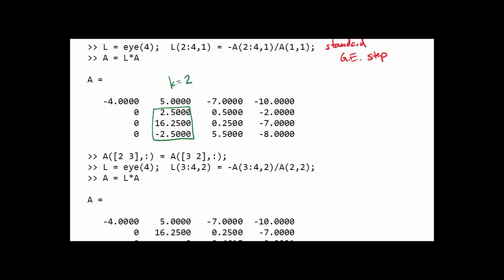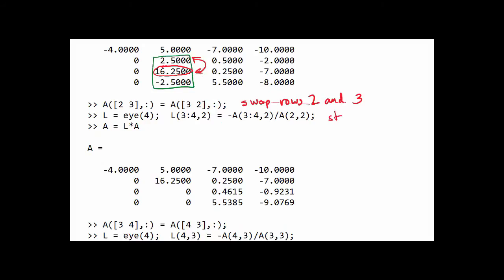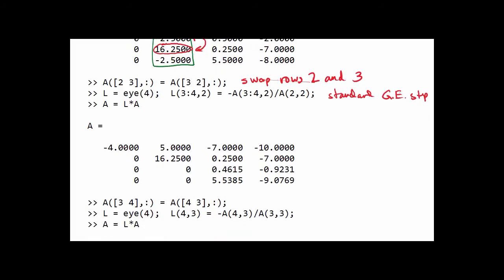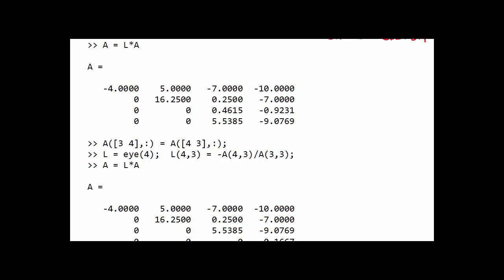So we look for the largest pivot element in row 2 and below, and that's the 16.25. So we want to swap rows 2 and 3. And that's what we do in this line. Do another standard Gaussian elimination step. The row operations, and A now has zeros in the first two columns.